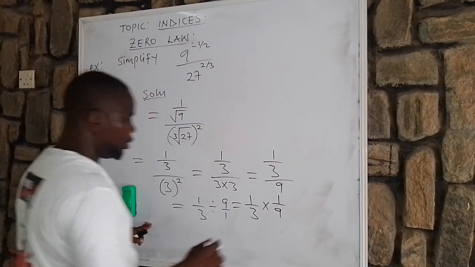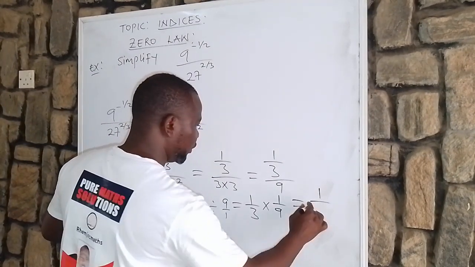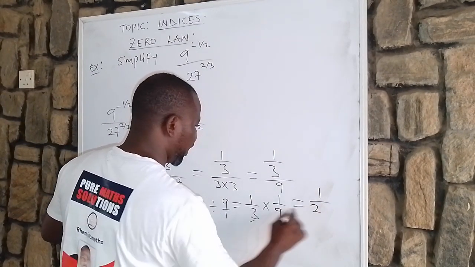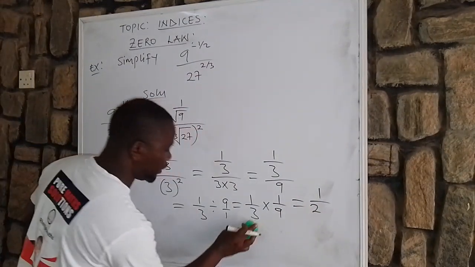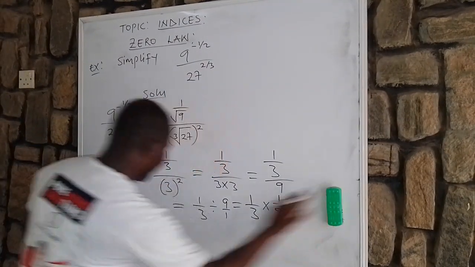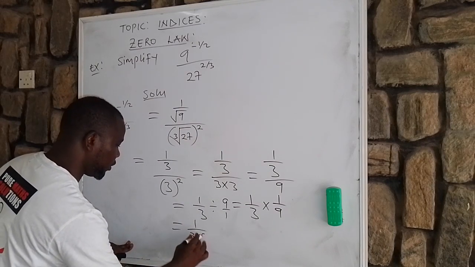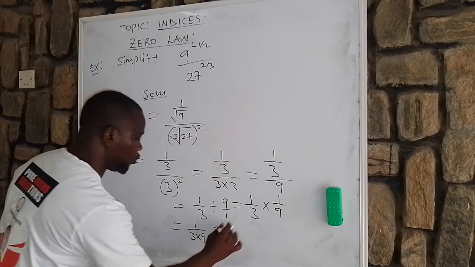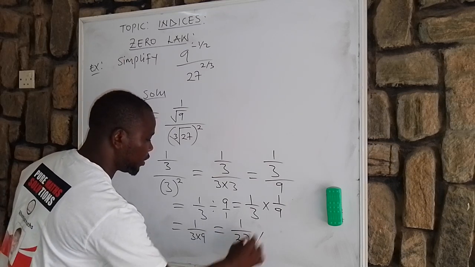Okay. Let me just break it down so that you won't be confused. This is equal to 1 all over 3 times 9, which is equal to 1 all over 27.